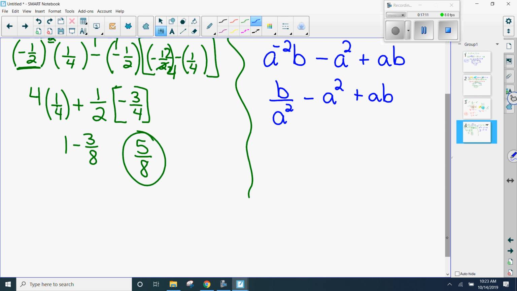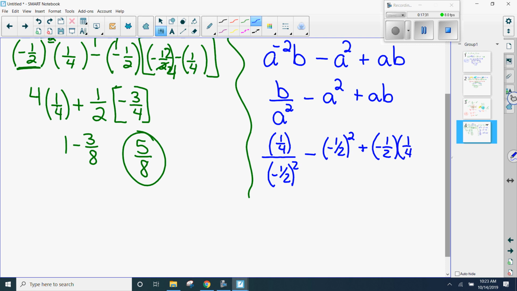If you do that, b had a value of 1/4, and you were dividing that by negative 1/2 squared, minus negative 1/2 squared, plus negative 1/2 times 1/4. So you end up with 1/4.